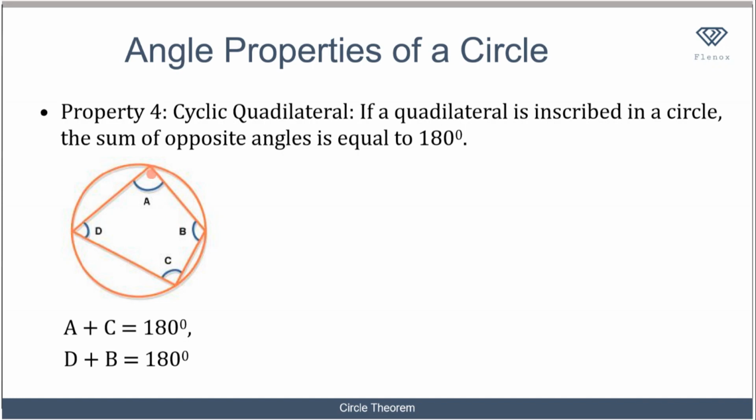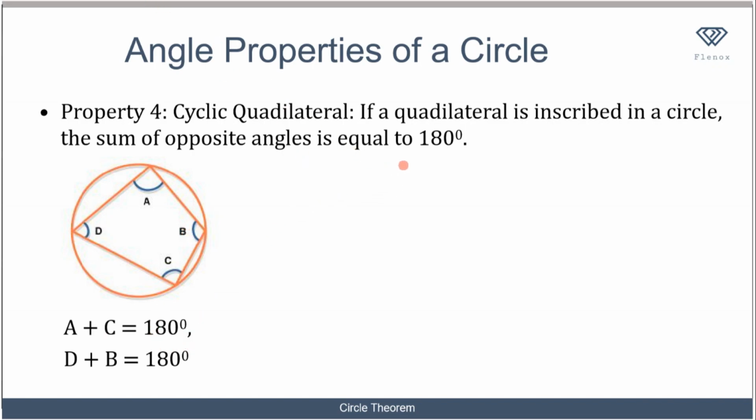So in that case, the sum of the opposite angles will be equals to what? 180 degrees. So here, these are opposite angles A and C. So A plus C will be equals to 180 degrees. And similarly, D and B will be equals to 180 degrees likewise.